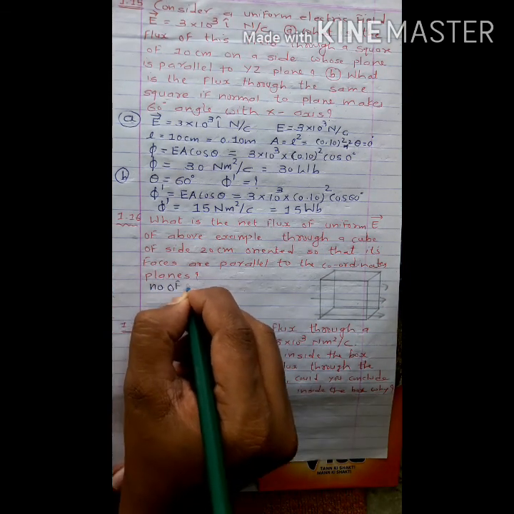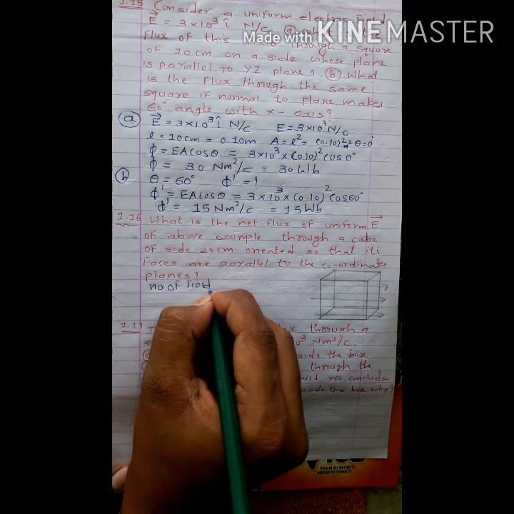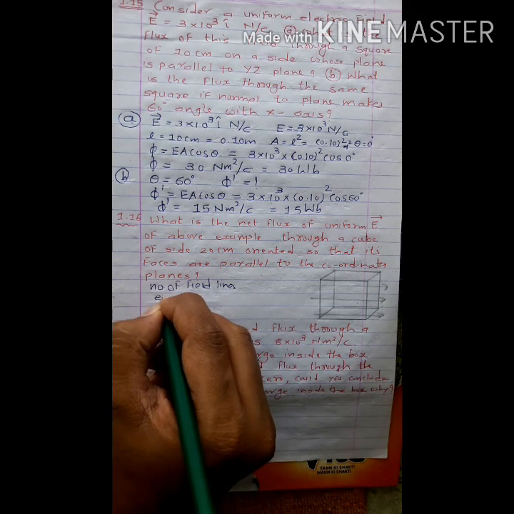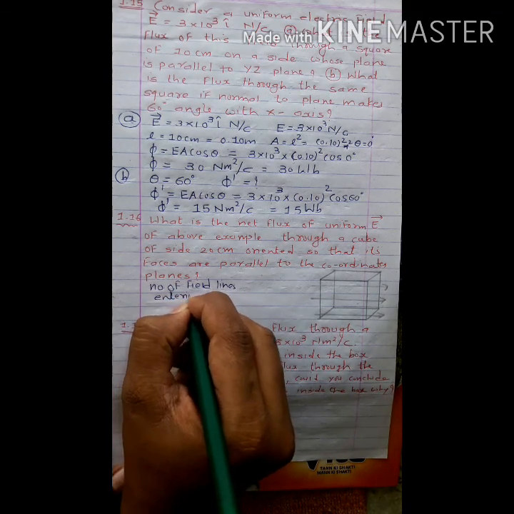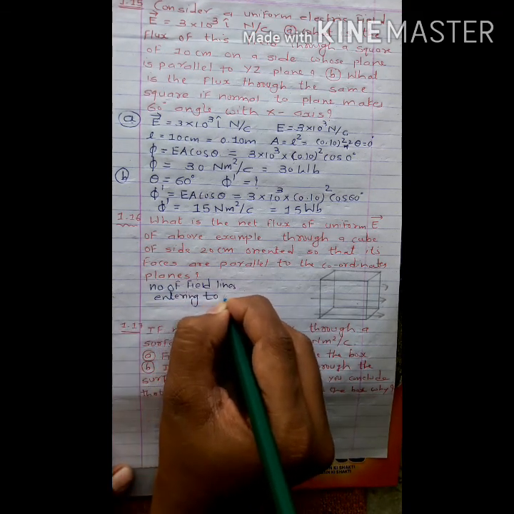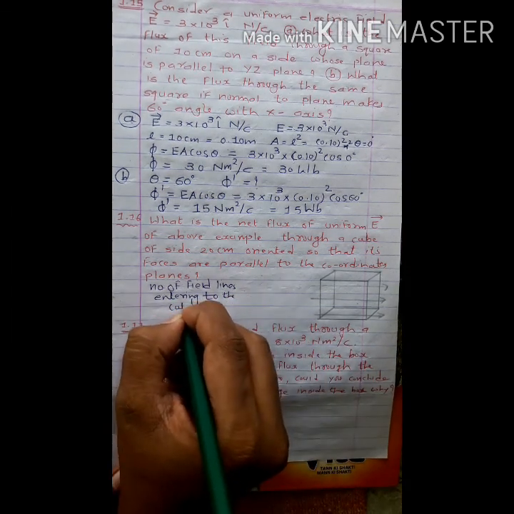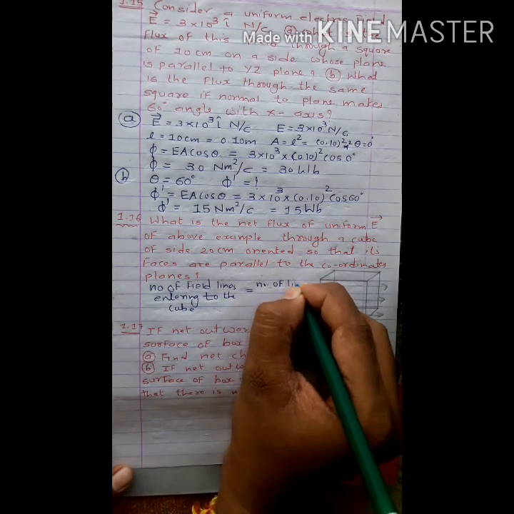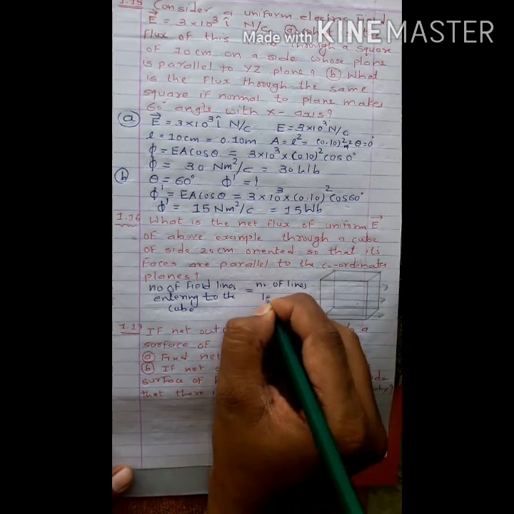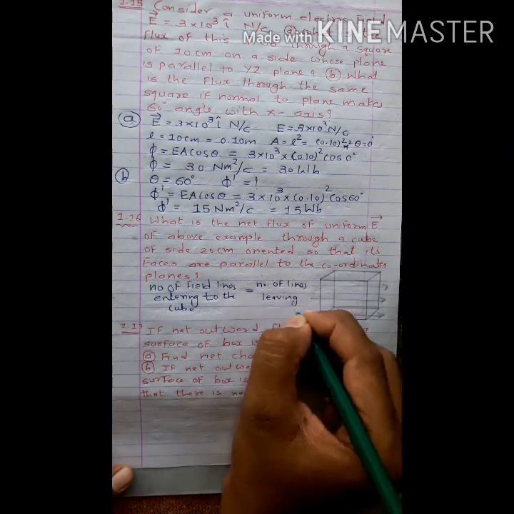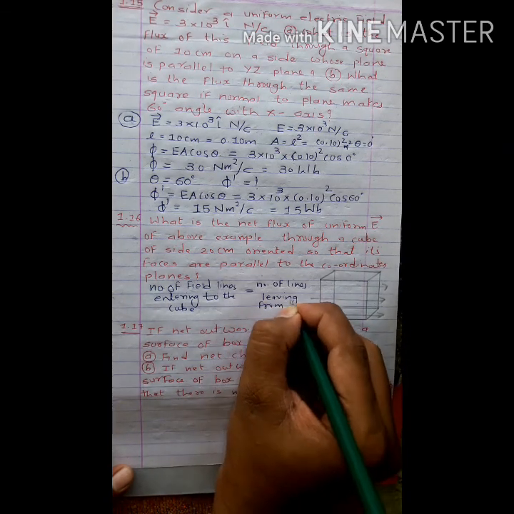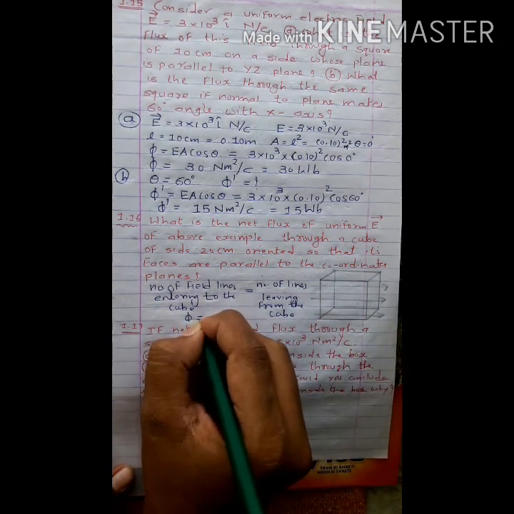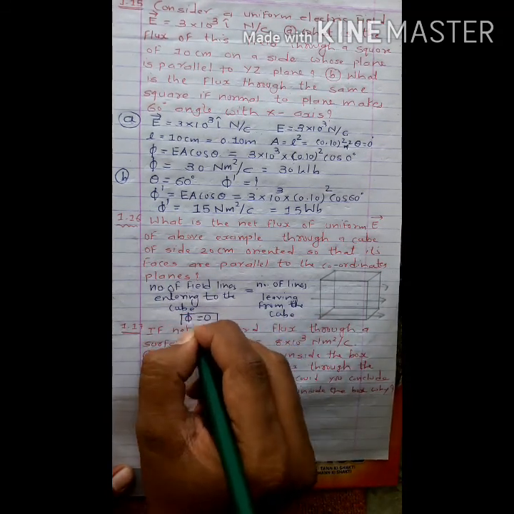Here the number of field lines entering the cube is equal to the number of field lines leaving the cube, and in this situation net flux phi is always 0.